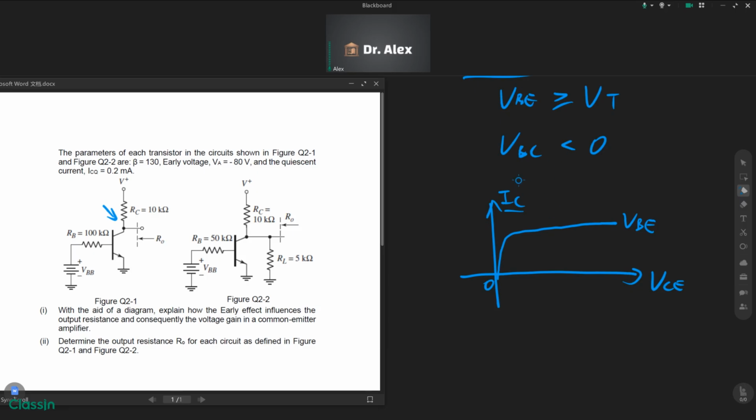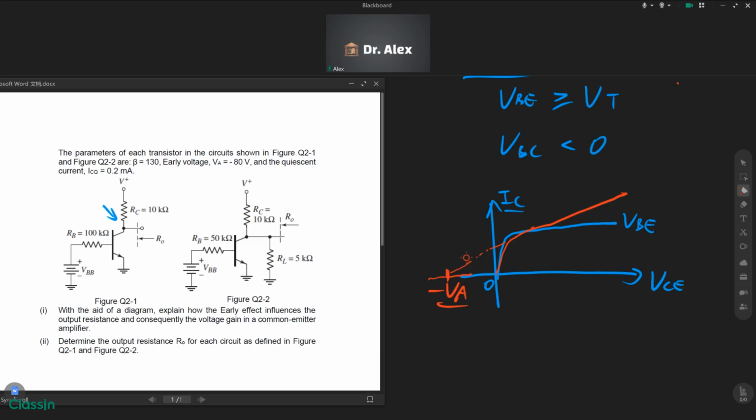Currently, our bipolar transistor is not an ideal one, so it has some slope. If we extend it backwards, it will intersect the x-axis. This is VA, which we call the early voltage.